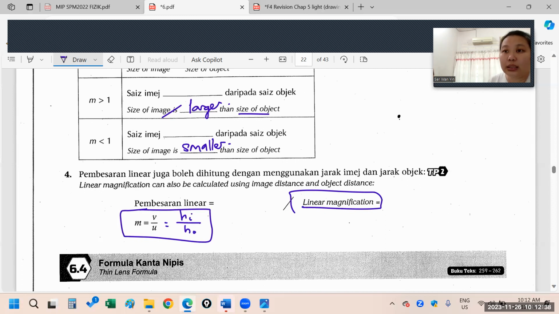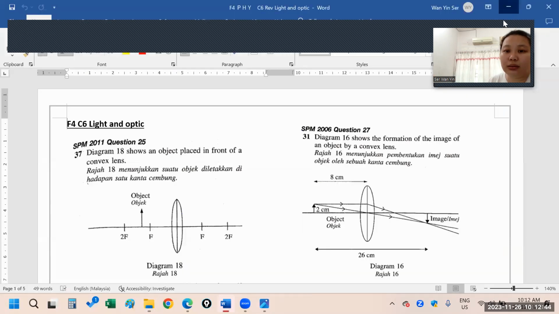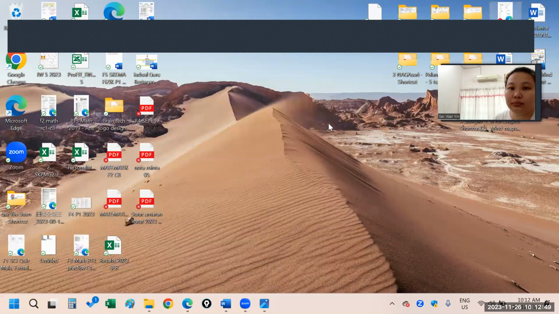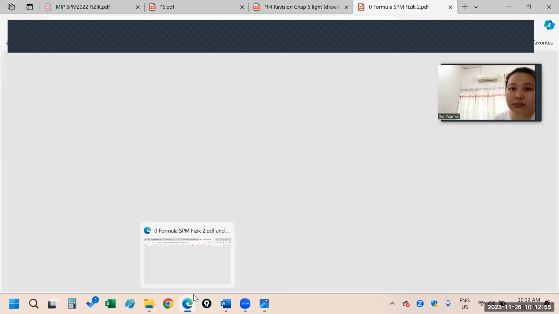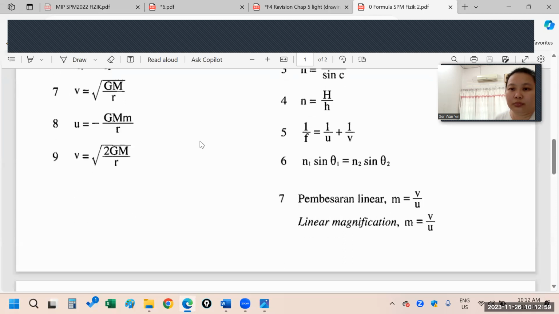And is the formula given or not? The formula only gives this one.